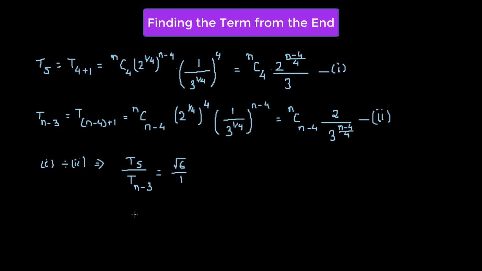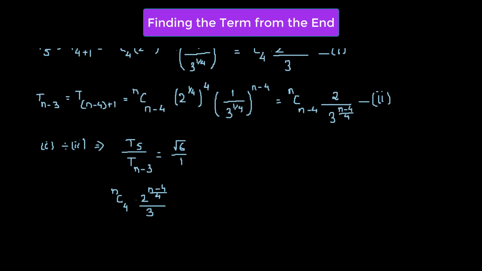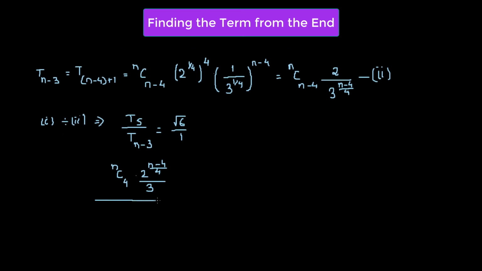So we replace the value of t5, which is nC4 times 2 raised to the power of n minus 4 over 4, divided by 3, and the whole thing is divided by nC n minus 4 times 2 over 3 raised to the power of (n minus 4) over 4, and this is equal to root 6.